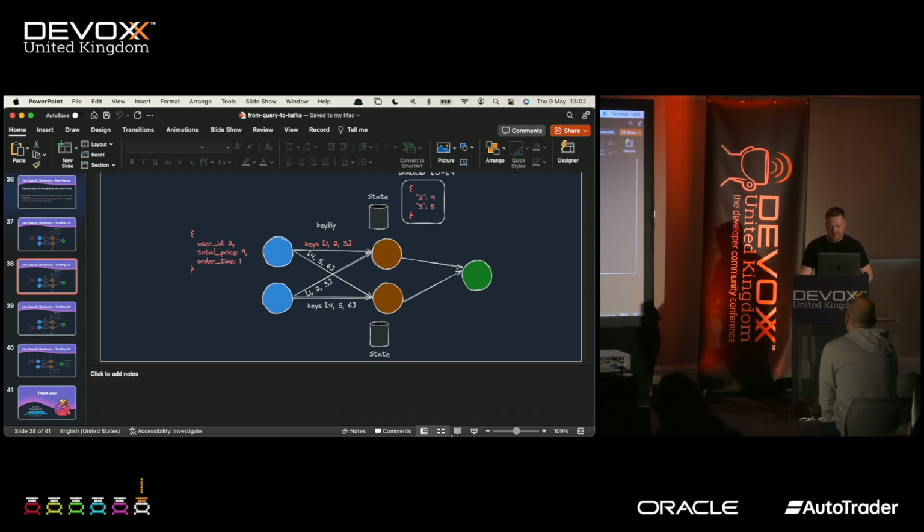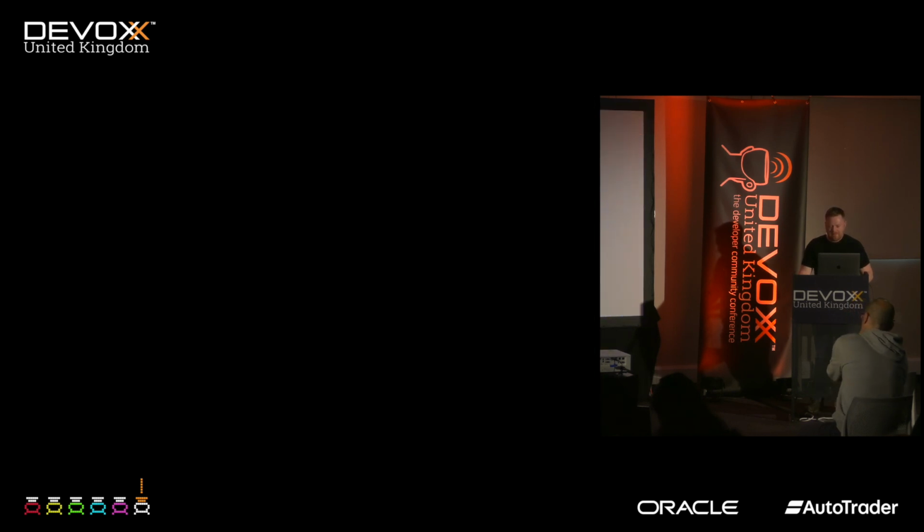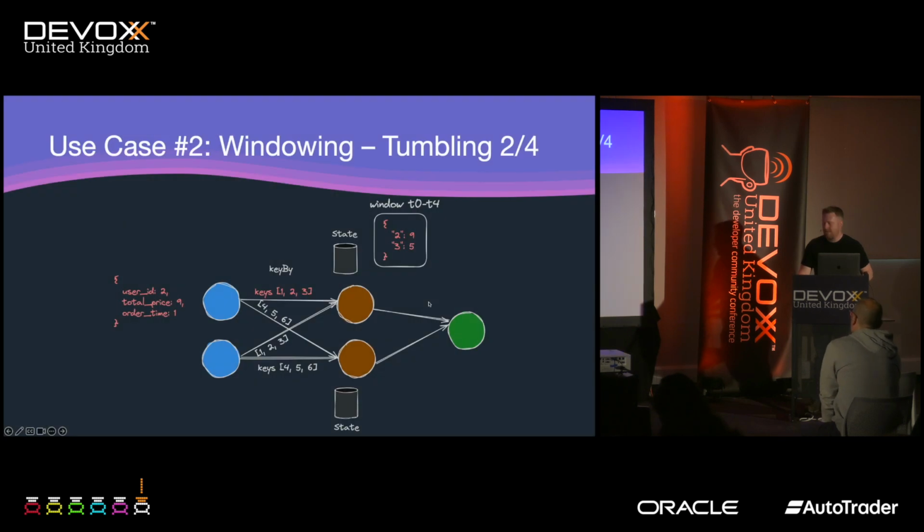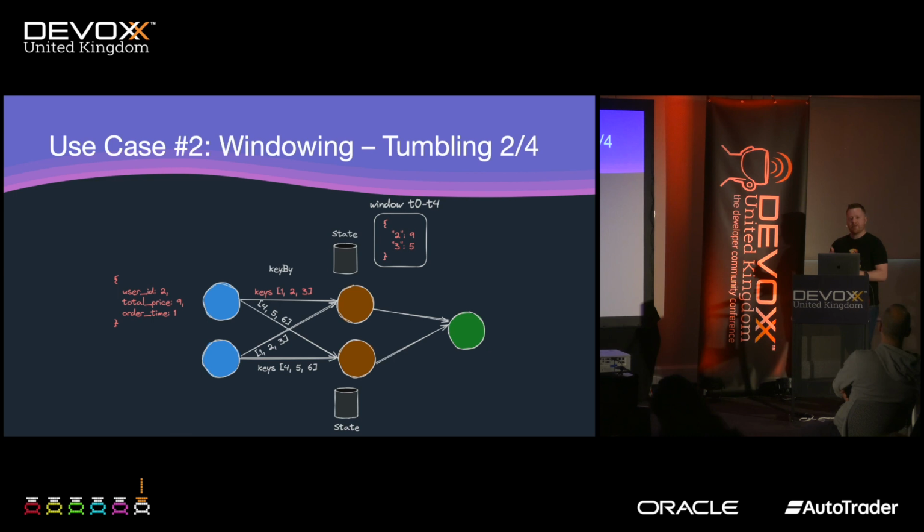I guess this is a good slide to talk about this. In this case, we have parallelism of 2 in the middle operator, and we have 6 keys. So this adds up quite nicely. If I were to change the parallelism of 2 to 3, what Flink would do is take a checkpoint or a savepoint, which is a snapshot of the state.